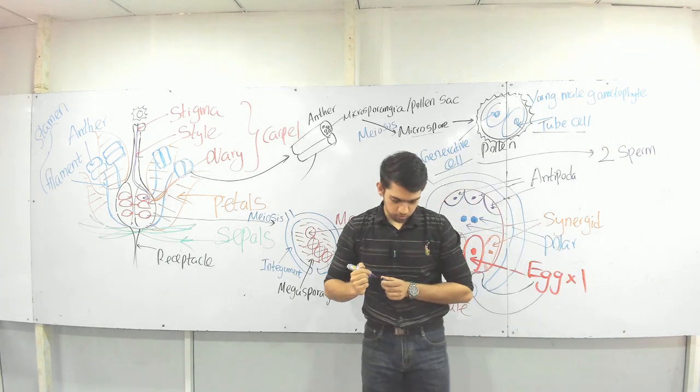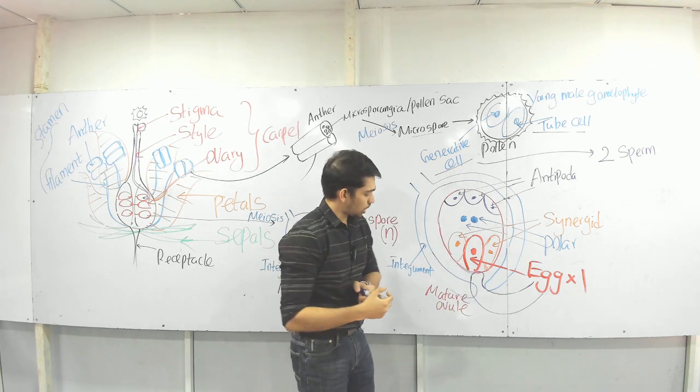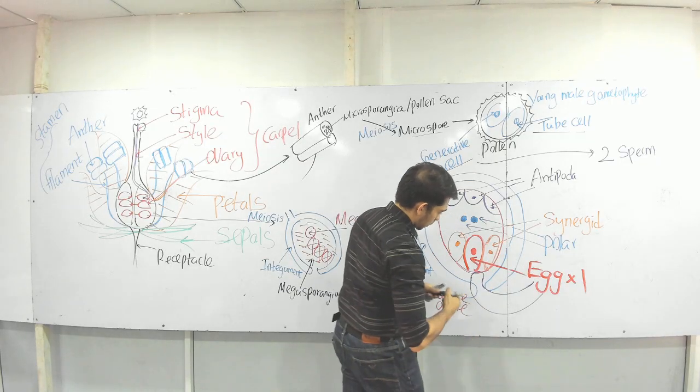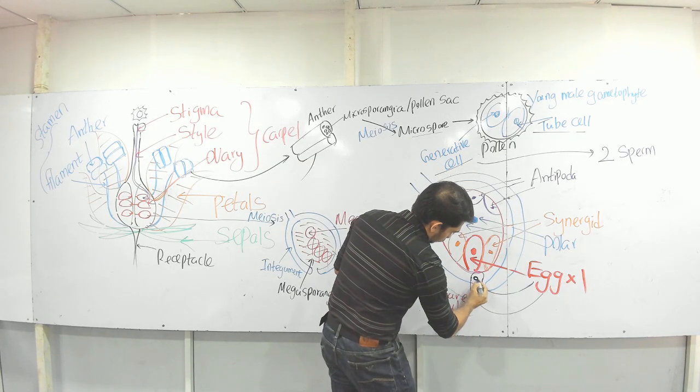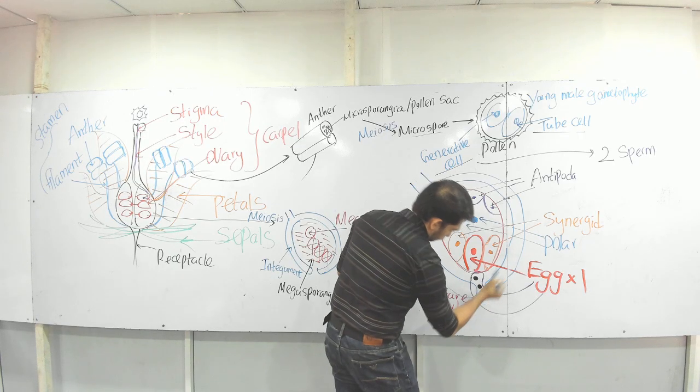Generative cell divides into two sperm. These two sperms are going to come here through the micropyle into the female gametophyte.